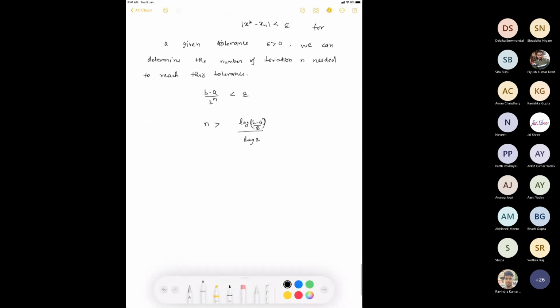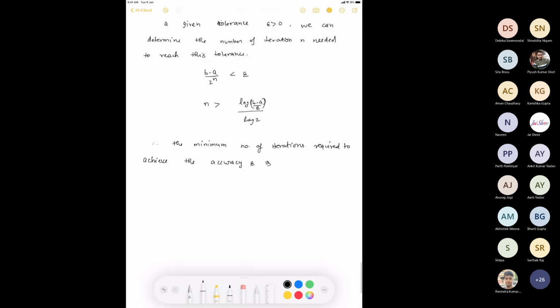So basically, what is the minimum number of iterations required to achieve the accuracy epsilon?